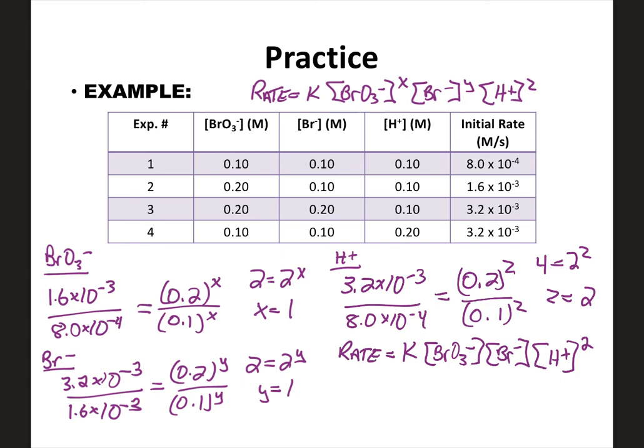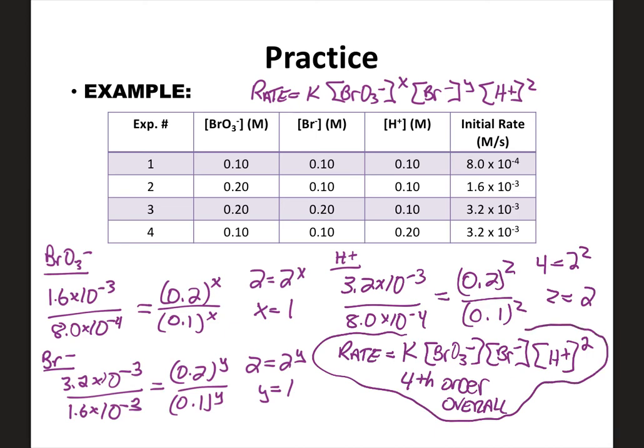So that takes care of the rate law here. The second part does ask for the overall order of the reaction. So 1 plus 1 plus 2 is 4. So the reaction is fourth order overall. So that takes care of the rate law and the overall order of the entire reaction here.